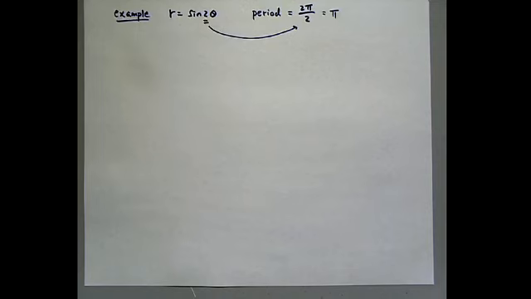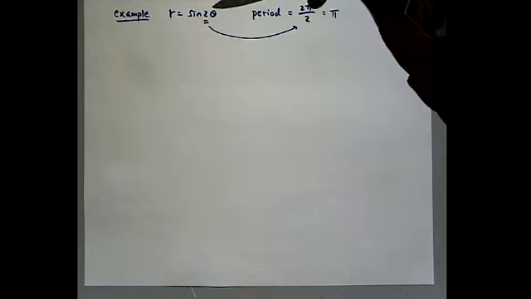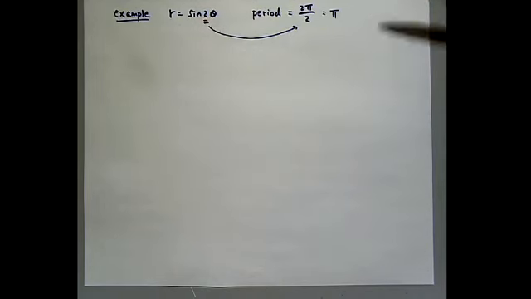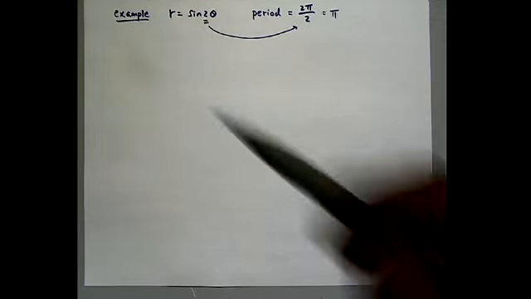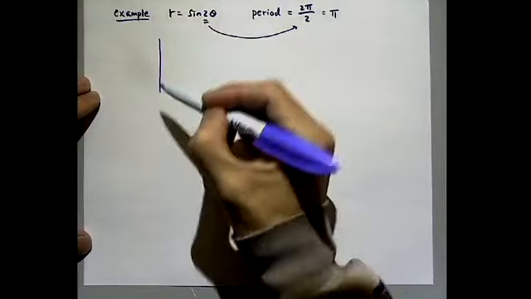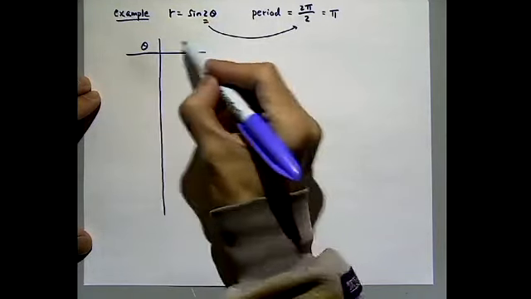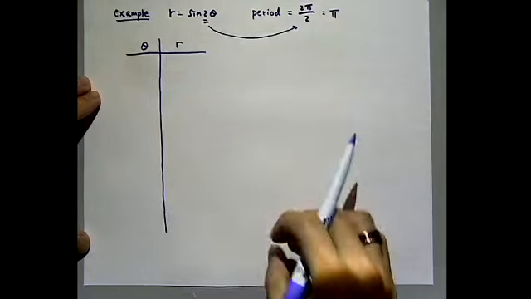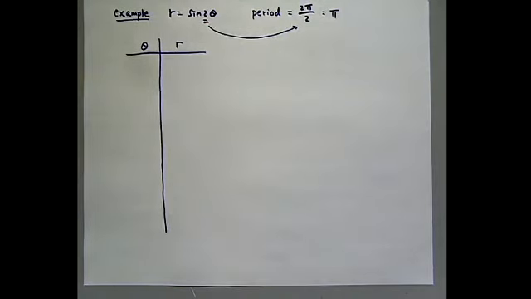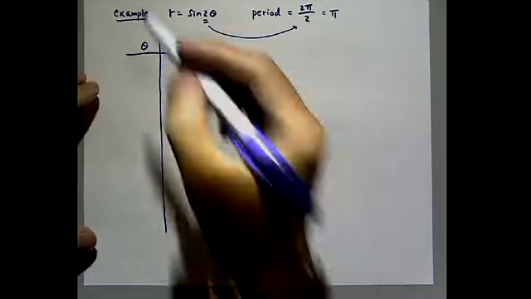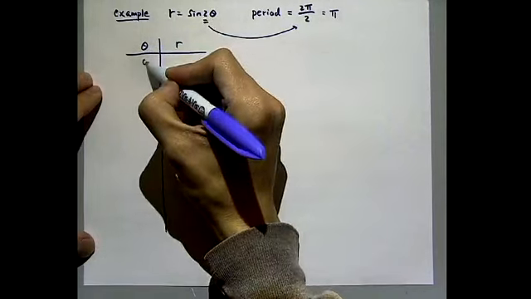Then we choose a bunch of values for theta between 0 and pi, and everything after that is going to repeat, right? So 0 is always a good one to start. Let's do 0.